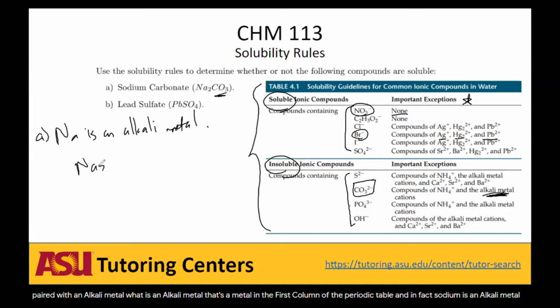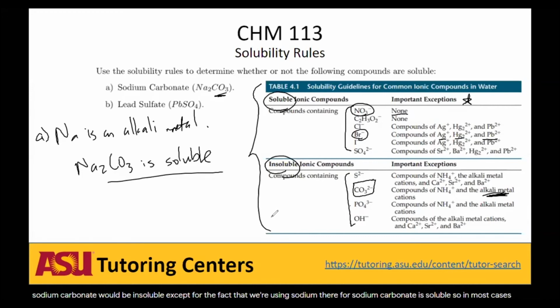Therefore, sodium carbonate is soluble. So in most cases, ionic compounds containing carbonate are insoluble, or on the insoluble list, but because sodium is an alkali metal, sodium carbonate is in fact soluble.